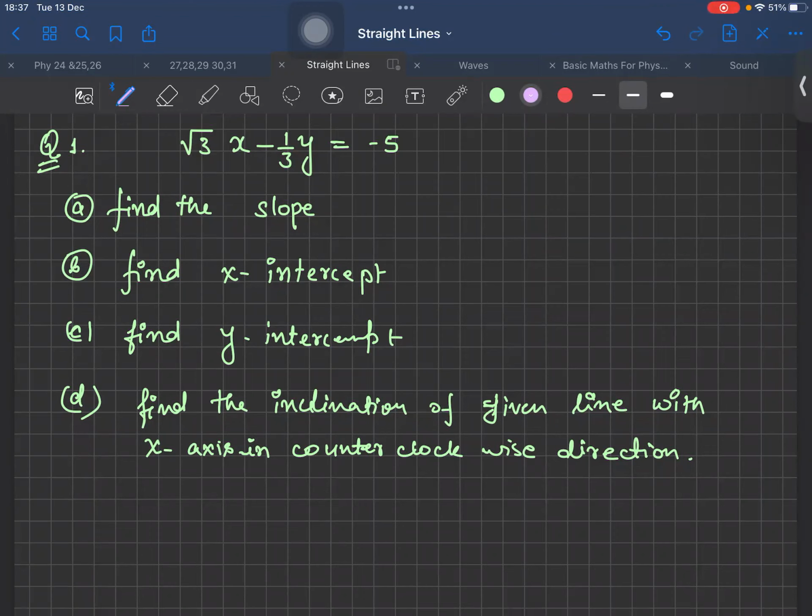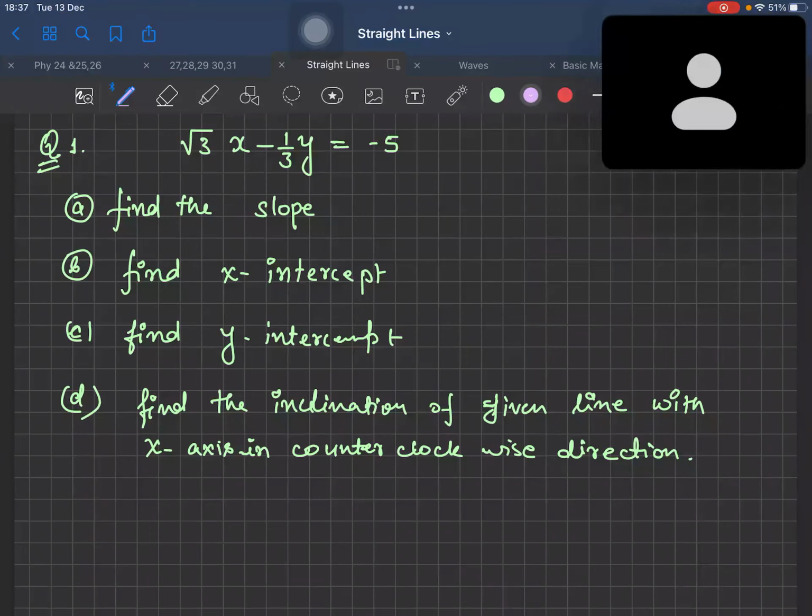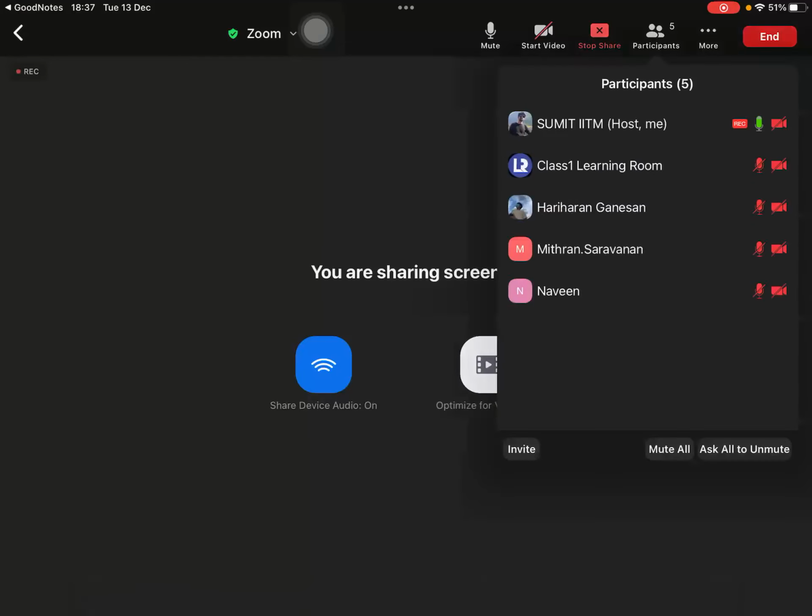Yes, Hari, you got the answer? Our slope is 3 root 3, right, sir? Okay, 3 root 3.